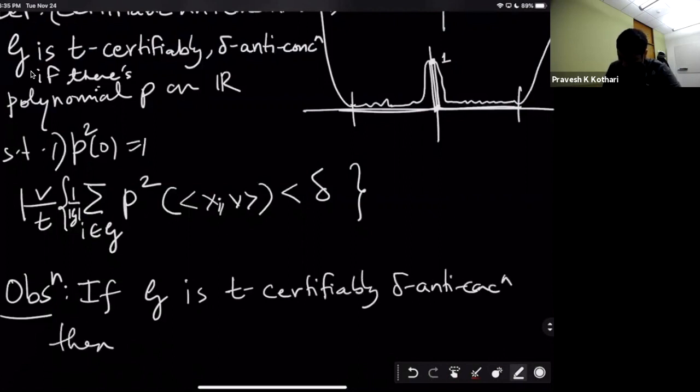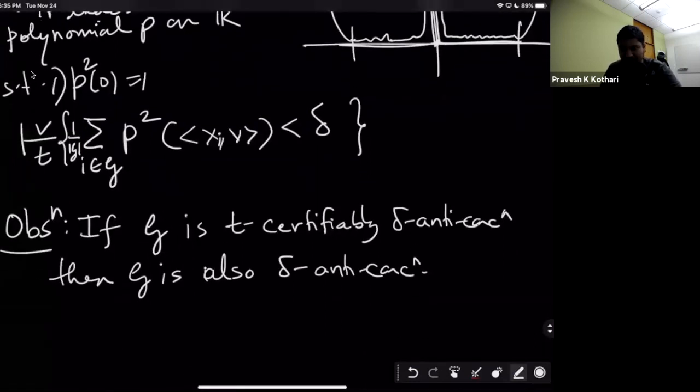Well, then G is also delta anti-concentrated. Let's try to quickly check this. This is like a sanity check. This is like saying that the criterion that we have for certifiable anti-concentration is actually reasonable.